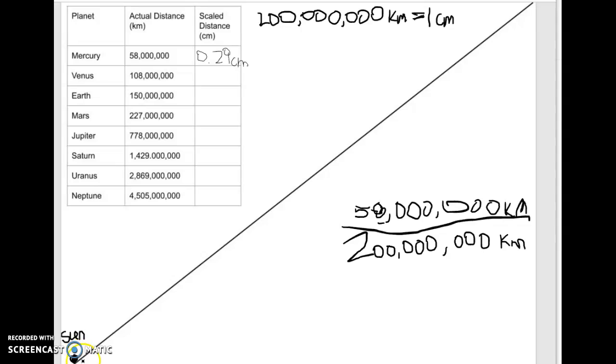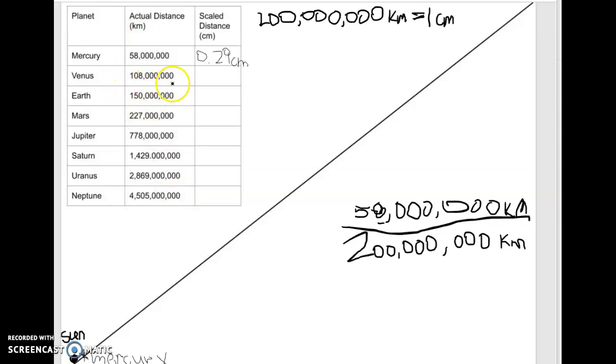So it's going to be like 1, 2, 3. It's going to be pretty close. And I'm going to put an X right here, and I am going to label this Mercury.